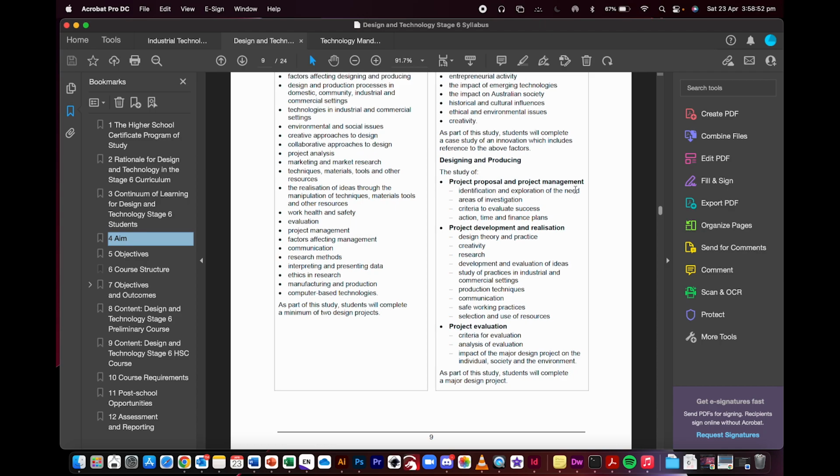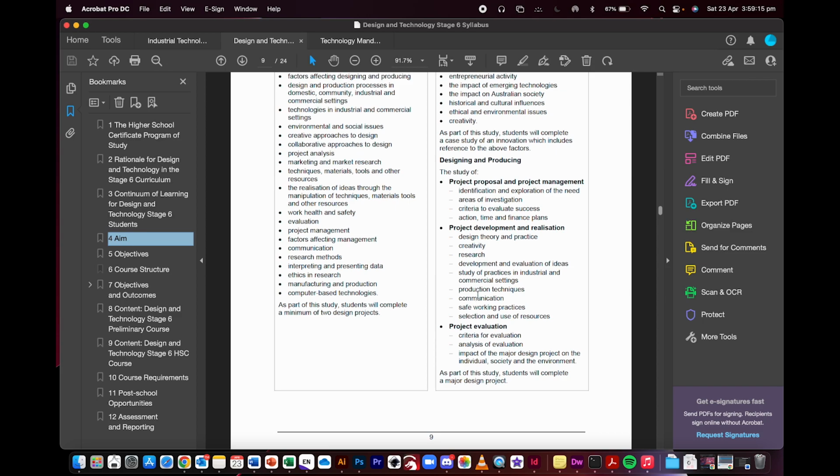An identification and exploration of the need, areas of investigation, criteria to evaluate success, action, time, and finance plans. And this is pretty similar, if not the exact same, to the technology mandatory syllabus, and probably not going to be the same headings as industrial technology, but it's because that one's more about the joints, in the timber course at least.